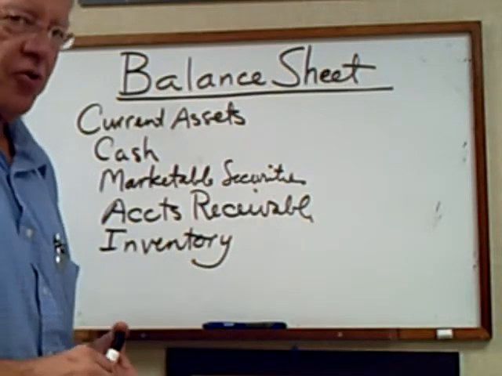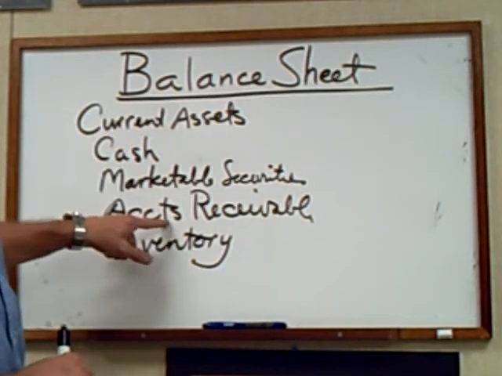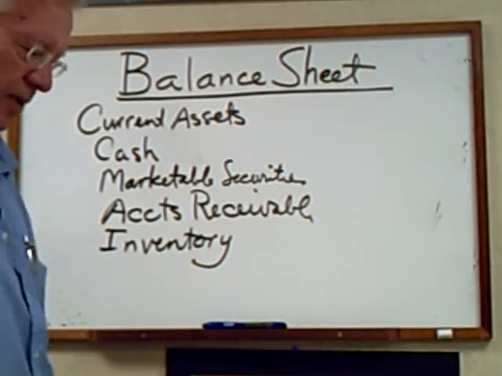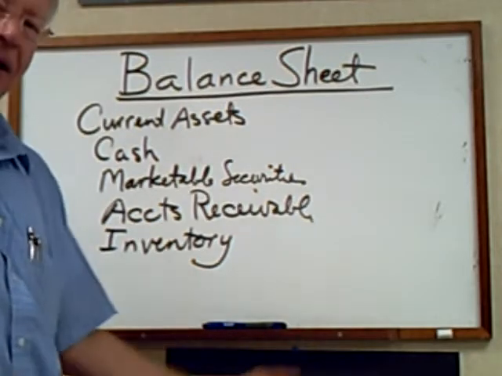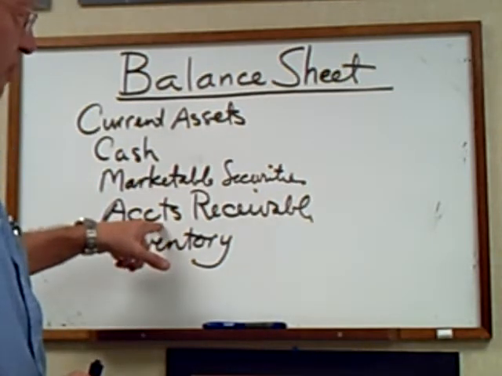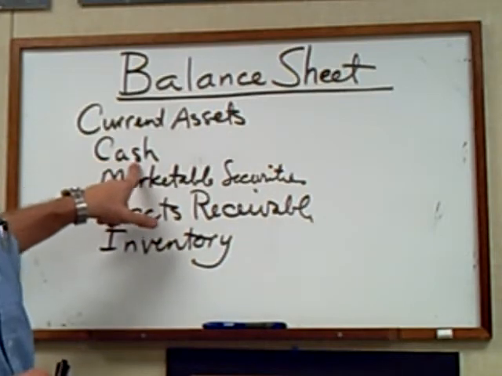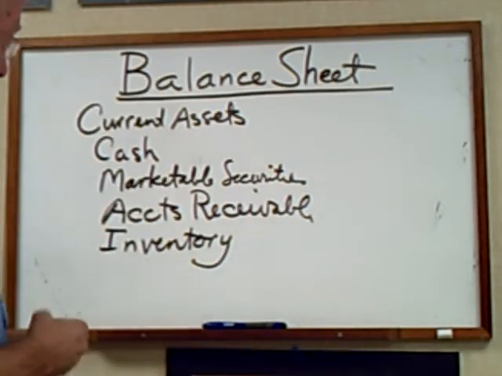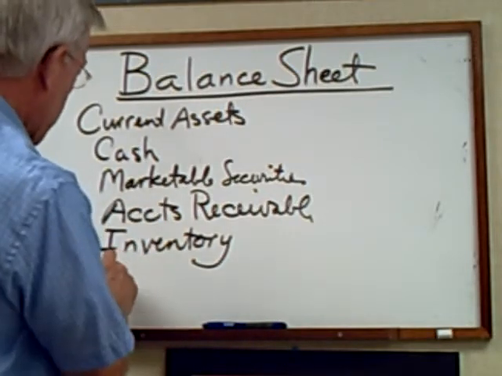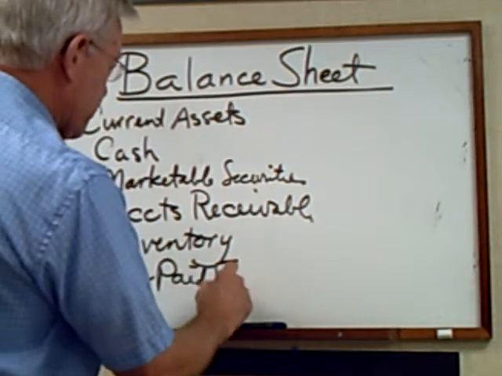What do you do with that inventory to generate cash? Inventory is not quite as liquid as accounts receivable, which is not quite as liquid as marketable securities, not quite as liquid as cash. Finally, the fifth category would be prepaid expenses.